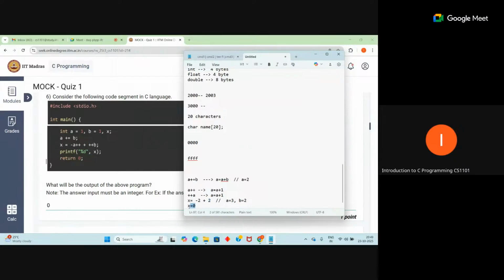So the X value will become 0, the A value will be 3, and the B value will be 2. Anyhow, A and B will get incremented by 1, whether it is pre-increment or post-increment. So the X value will be 0.